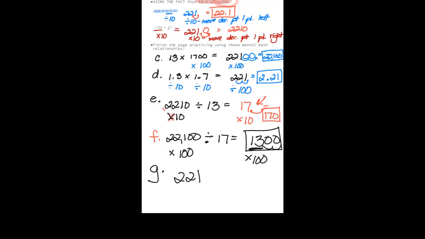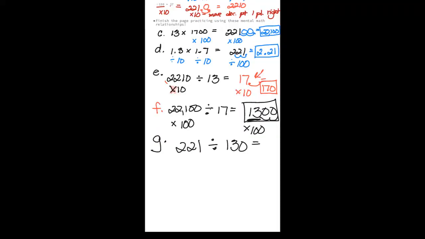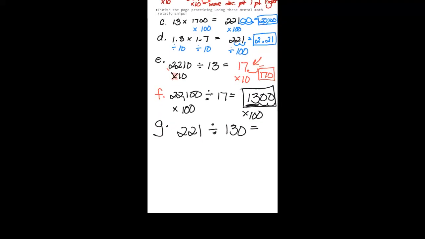221 divided by 1.3. Okay. So 221, the first number did not change. This is the same, right?